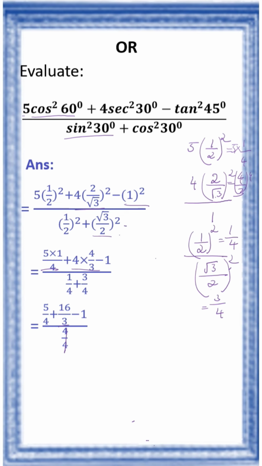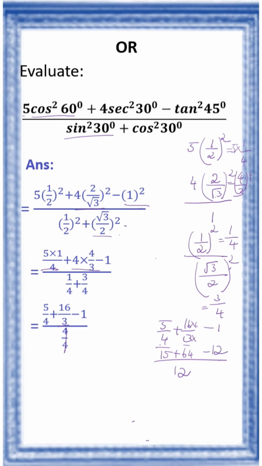Now 5 by 4 plus 16 by 3 minus 1. Here the LCM is 12. 4 3s are 12. 5 3s are 15. 3 4s are 12. 16 4s are 64. 1 12s are 12.